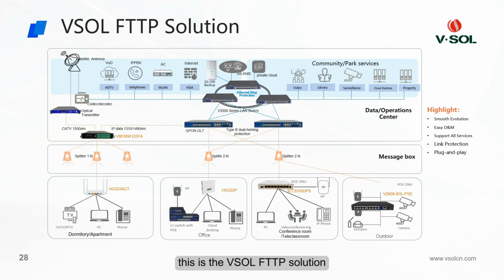This is the VSOL FTTP solution, which means fiber to station. There are various service access points, including VOD, IPPBX, AC, Internet, video, surveillance, and other businesses. These services all require the network as the foundation, transmitting different services to different scenarios through the network.